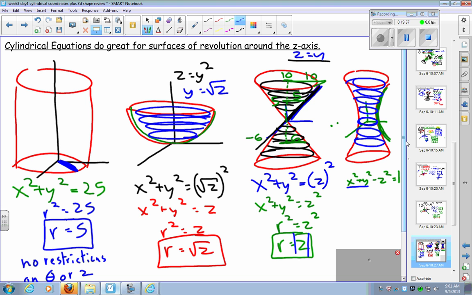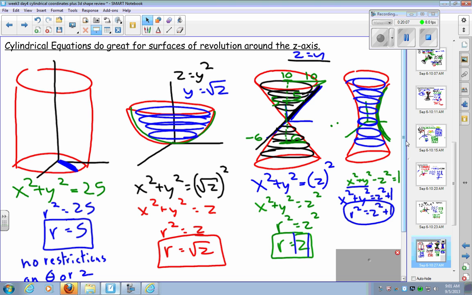So when I try this, I can say x squared plus y squared minus z squared equals 1. So let's say x squared plus y squared equals z squared plus 1. X squared plus y squared is r squared. Is z squared plus 1. And now you have it in terms of r's and z's, which is again cylindrical.